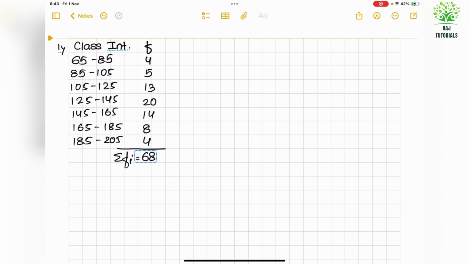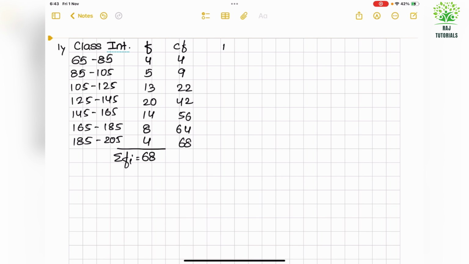Class interval and frequency is given; for median I will need cumulative frequency also. So let us find that: 4, 4 plus 5 will be 9, 9 plus 13 will be 22, then 42, 56, 64 and 68. So these two numbers came the same, that means I am right.